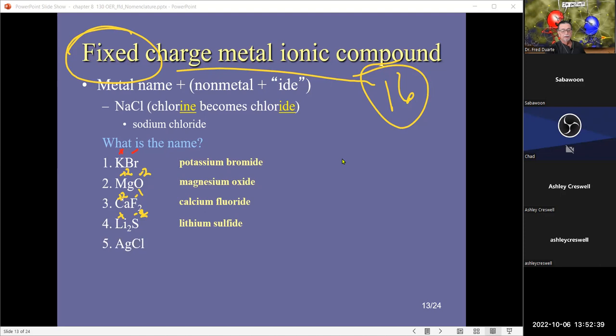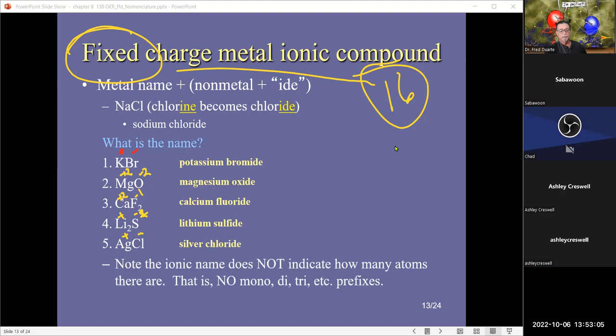Okay. And we have silver chloride. Okay, because silver is a +1. And the chlorides, as we've been showing you, all the halides become an ide, or -1. Okay. So this name is silver chloride.